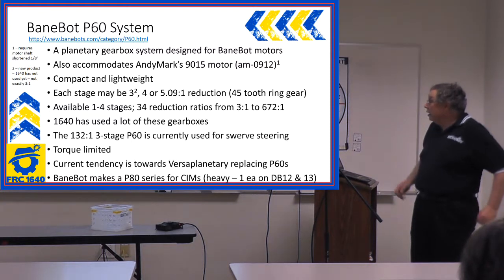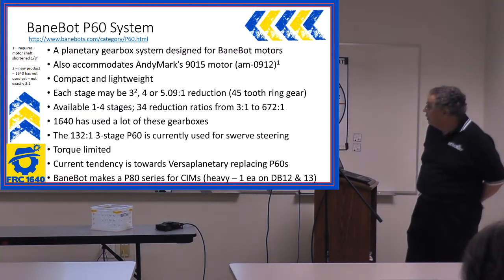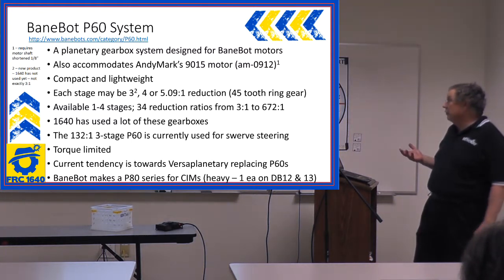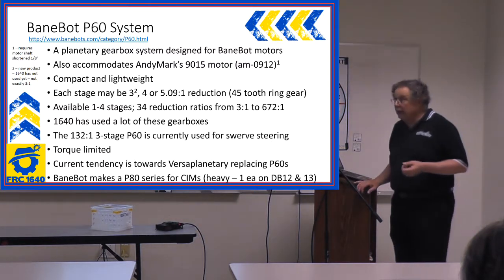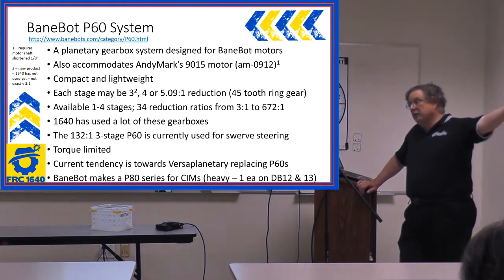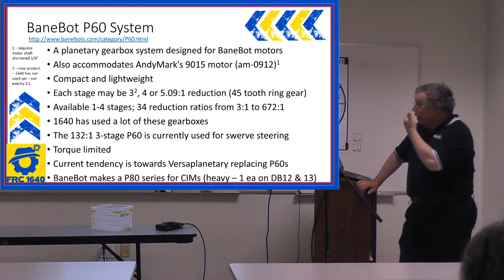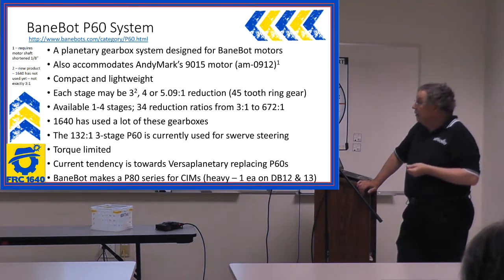We also use Bainbot Planetary systems. They're designed for Bainbot motors, but we can use the AndyMark motors on them. We can't use CIMs, we can't use mini CIMs, we can't use BAG motors. They are compact and lightweight. They're not cheap, but they're cheaper than the Versa Planetary.